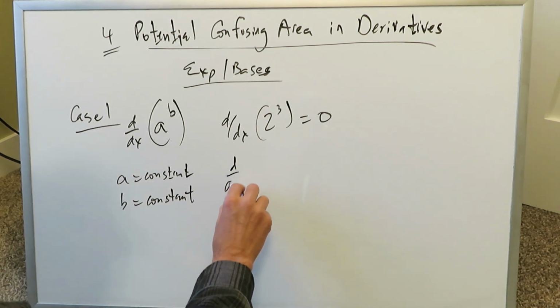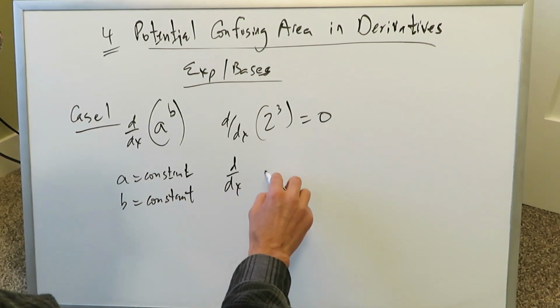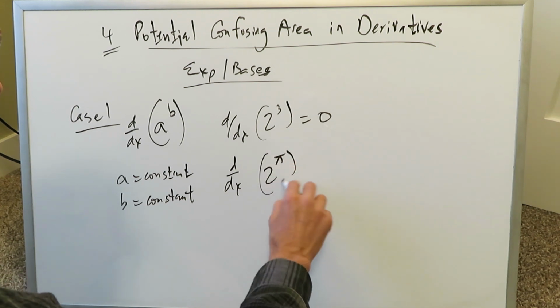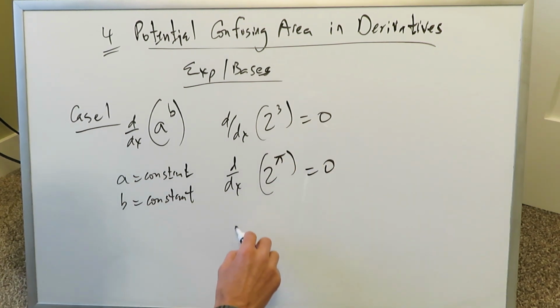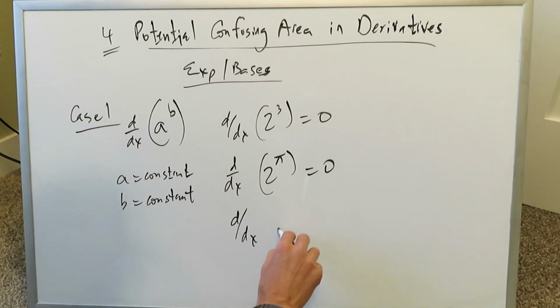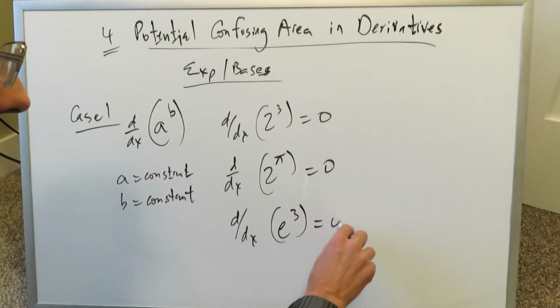And likewise, you could be looking at something like 2 to the power of pi, and you're doing the derivative of this, and it's still a constant. You can do a derivative of, let's say, e to the power of 3, and again it's going to be a constant.